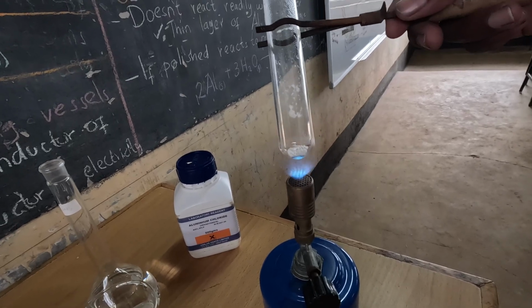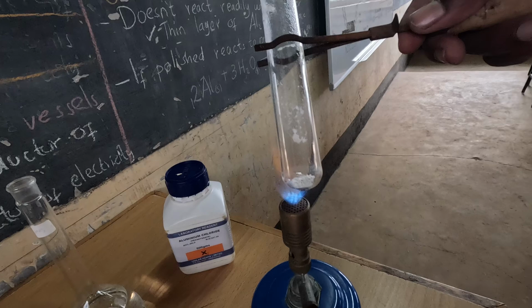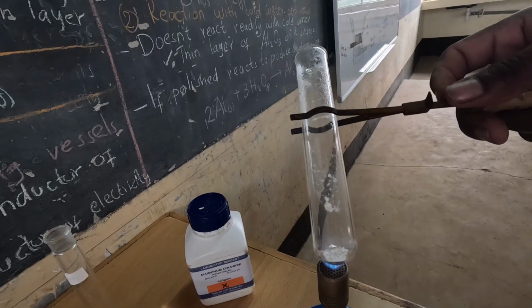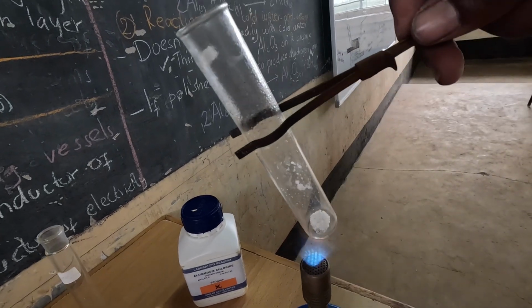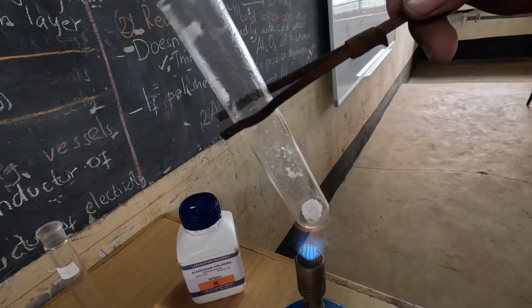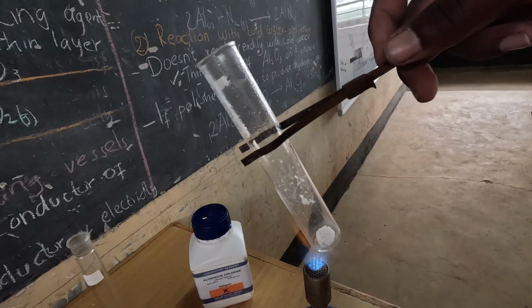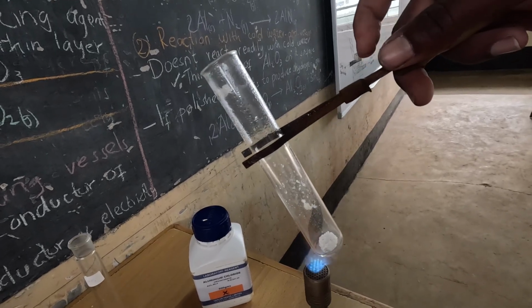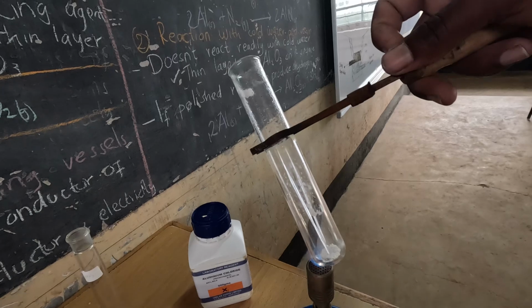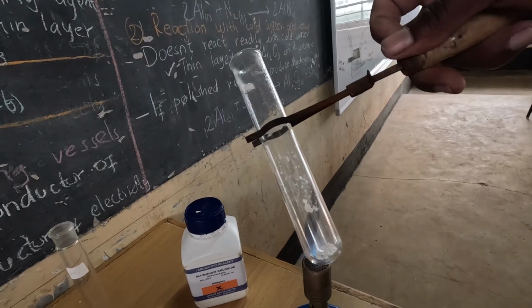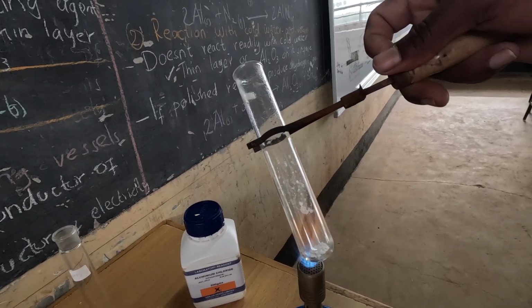Because it was hydrated, you can see some of the water on the top of the boiling tube. But there is something that is happening at the cooler parts of the boiling tube: the formation of this aluminium chloride. So aluminium chloride sublimes.